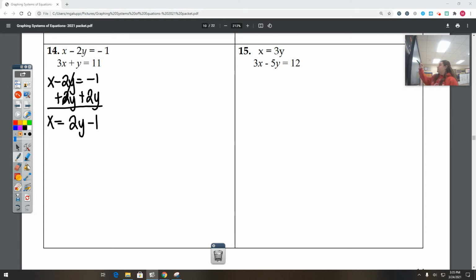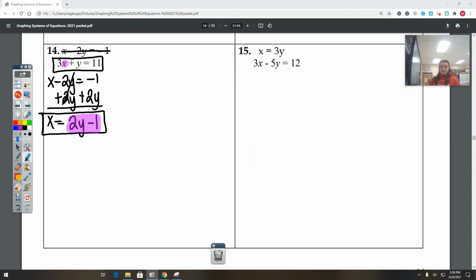So now I know that I have x equals 2y minus 1. I also have the equation 3x plus y equals 11. And this first one I don't really need anymore because I rewrote it as x equals 2y minus 1. So I know that x is the same as 2y minus 1. I have x equals, so that's what I'm going to swap out in my other equation.